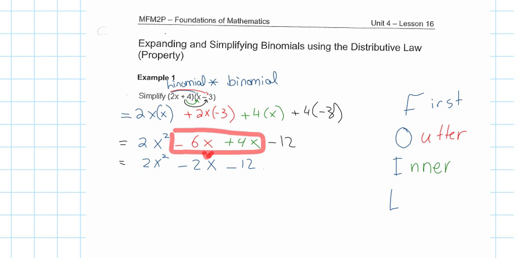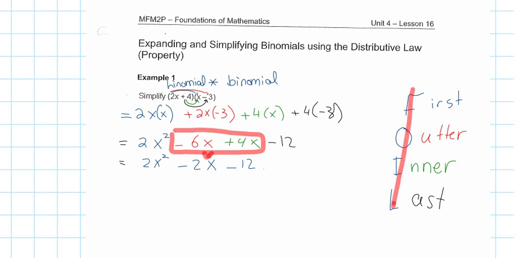And then L represents the last terms in each bracket, so that's the one in black. Now again, this is just so you know when I say FOIL, you know what I mean, right? FOIL means you need to do the distributive property twice, okay, using first, inner, outer, last.